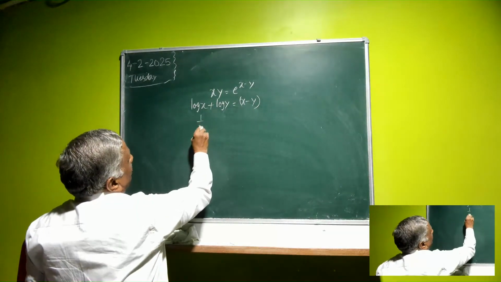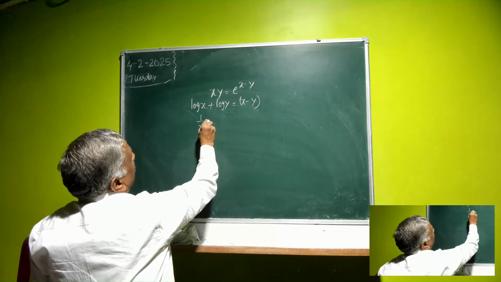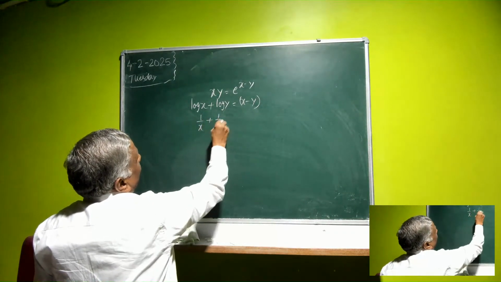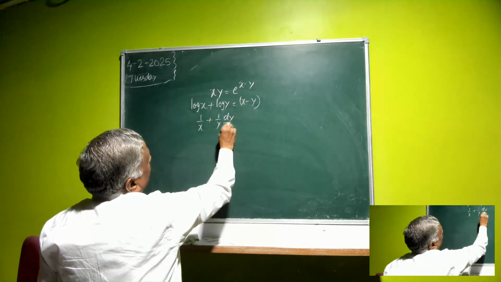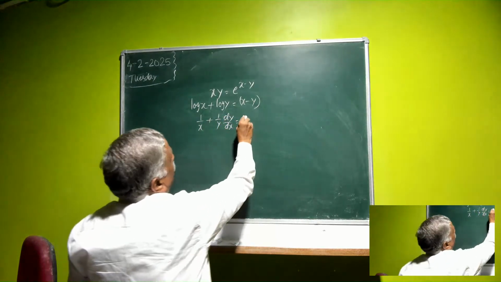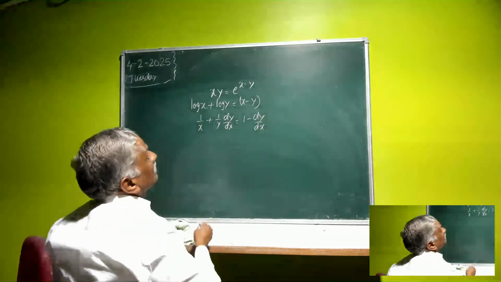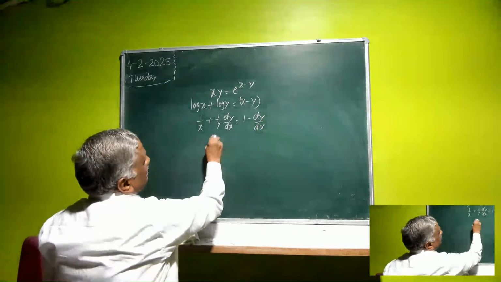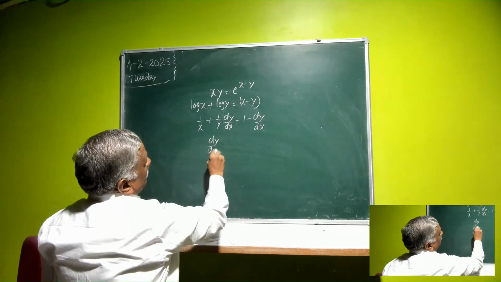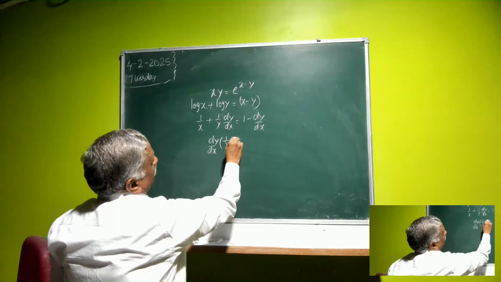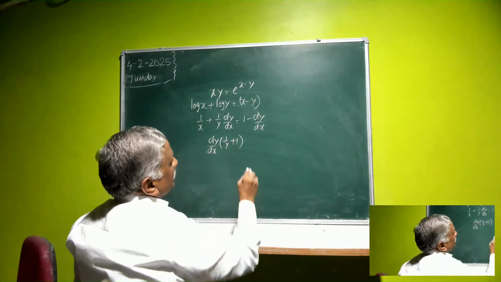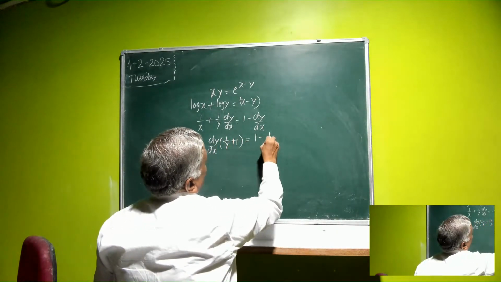1 over x plus 1 over y dy by dx is equal to 1 minus dy by dx. Take dy by dx on one side. 1 by y plus 1 is equal to 1 minus 1 by x.